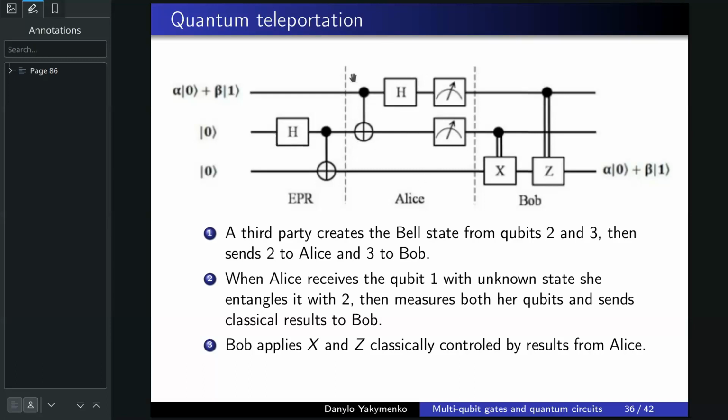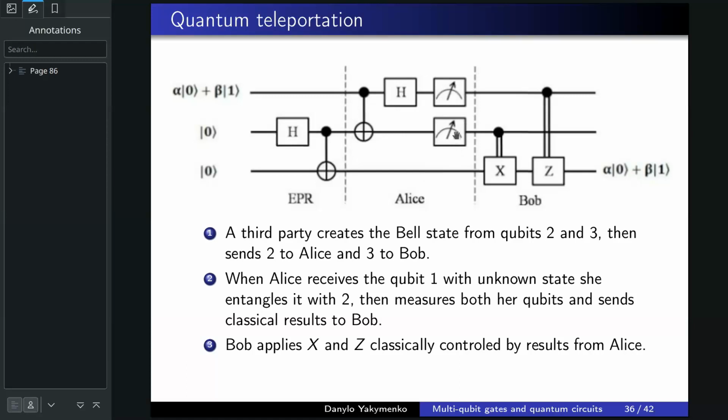And now, after this operation, she performs a measurement on this first qubit and this second qubit. Then the measurement will give some bit, because the measurement will result in either 1 or 0, and here also one bit which is either 1 or 0.